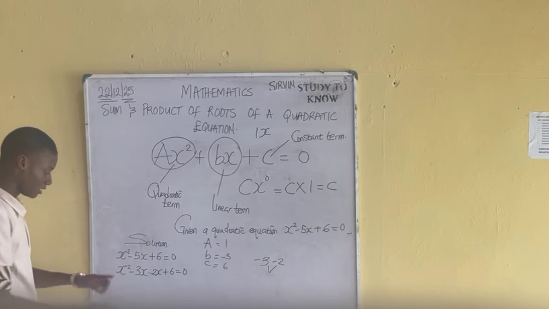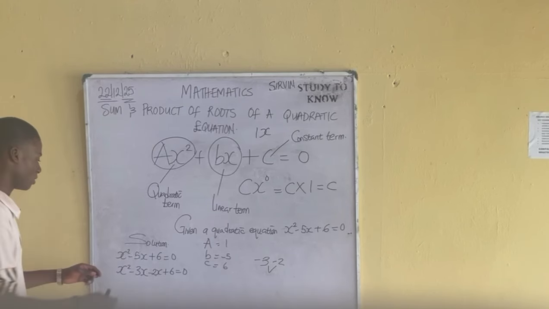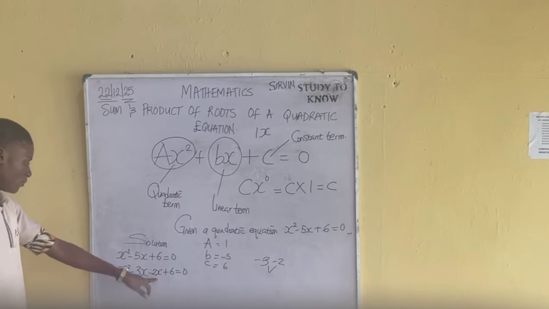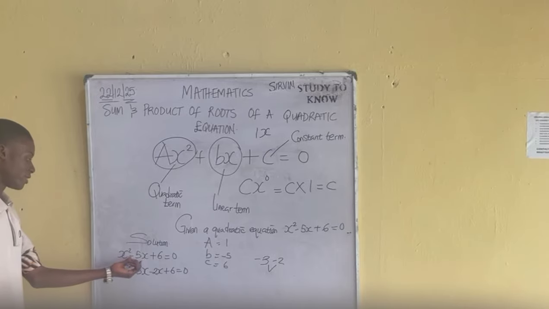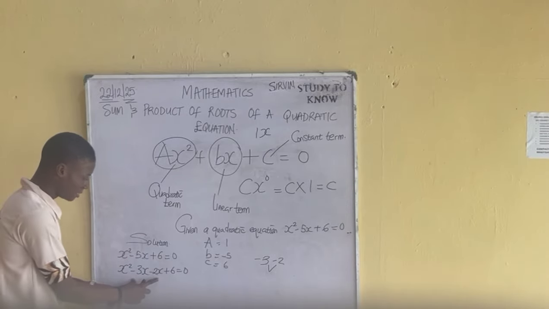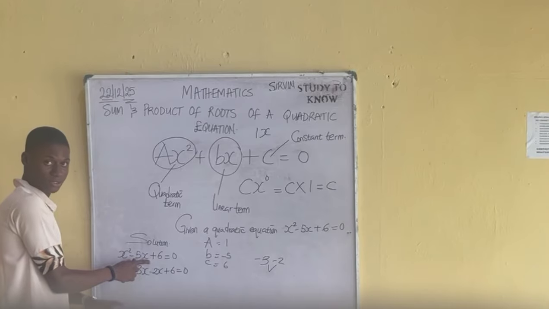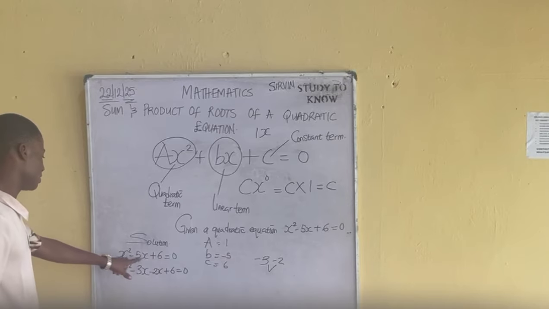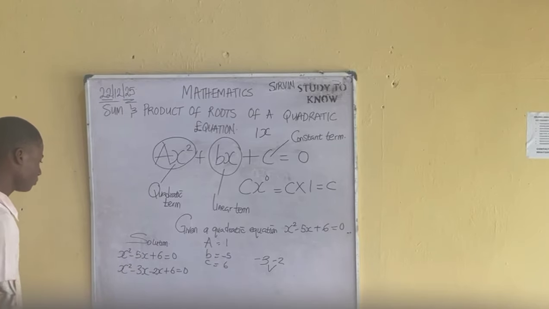If you either add or subtract them, you're meant to get this. Here we have minus 3 minus 2, which gives you minus 5x. So automatically this must give you this. If not, it's not correct. You understand?